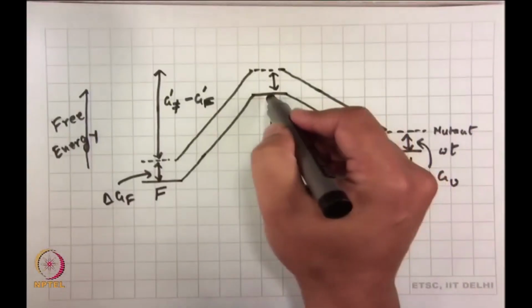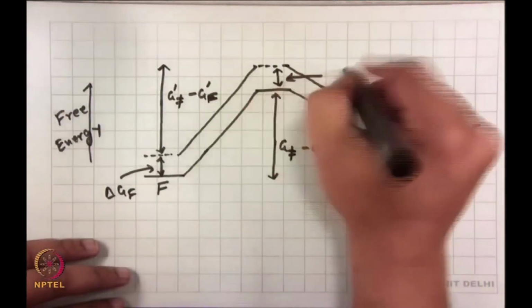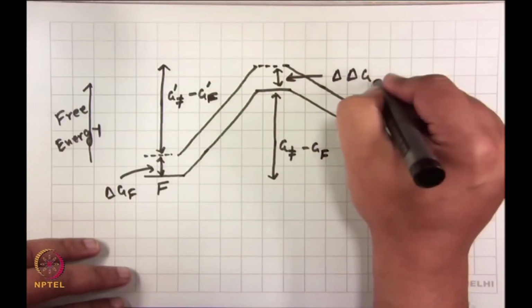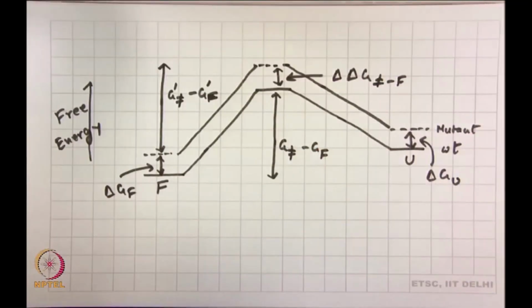This difference between these two, what should I write? This one is delta delta G, because I am going from the folded state to the unfolded state, I am looking at unfolding.